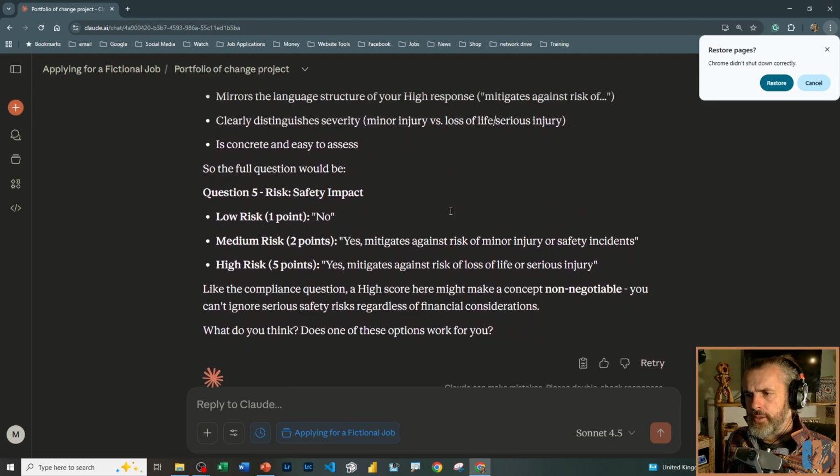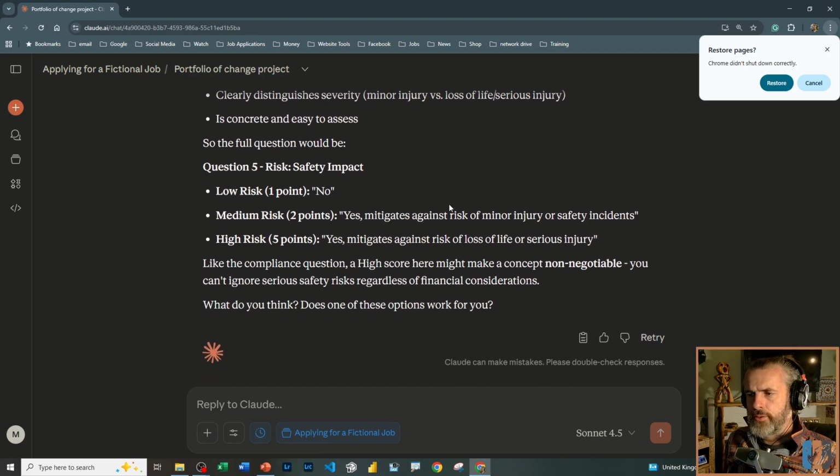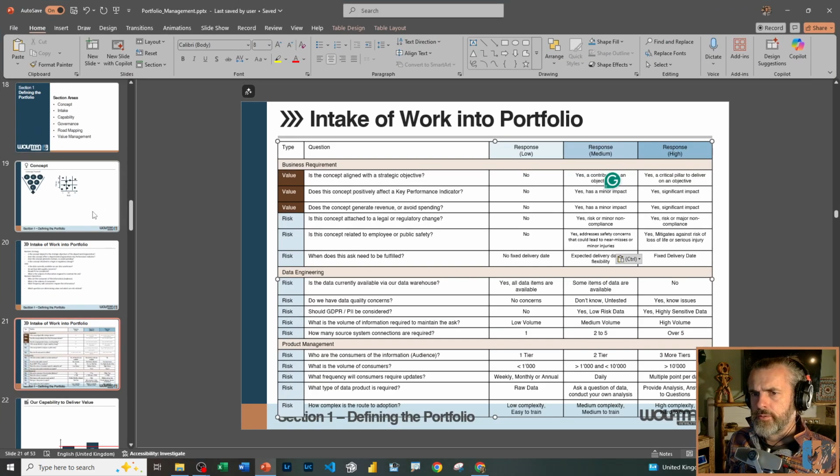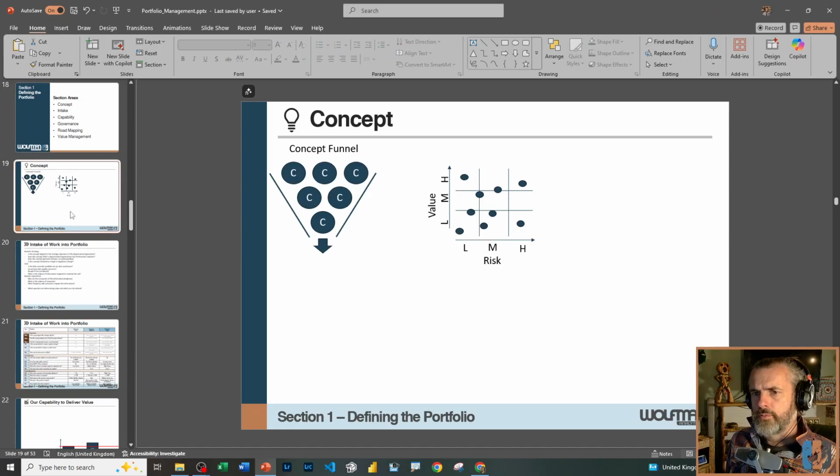Yeah, like the previous one. So if it scores high on this one, then it might be non-negotiable. So it's probably important to put that somewhere later on, that if some things are high on here, then in fact we don't want to lose sight of that. So let's make a note on here.